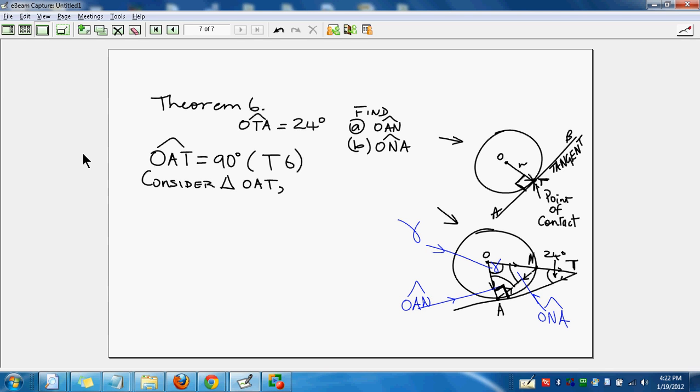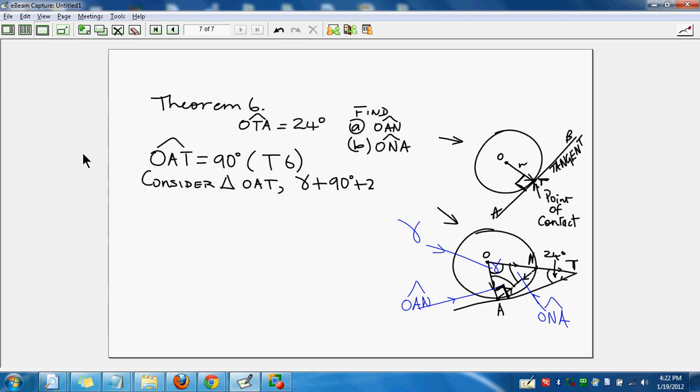So therefore, if we consider the triangle OAT and add up the three angles, which will be alpha plus the angle down at the bottom here, which is 90 degrees, angle OAT, and then the one up in the corner, which is angle OTA, that'll be 24 degrees.